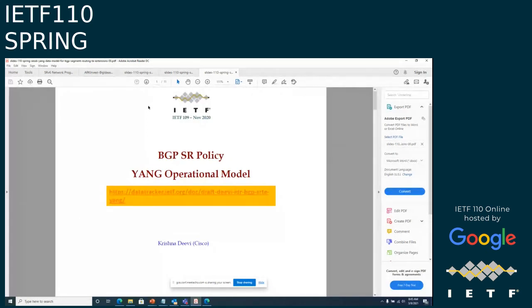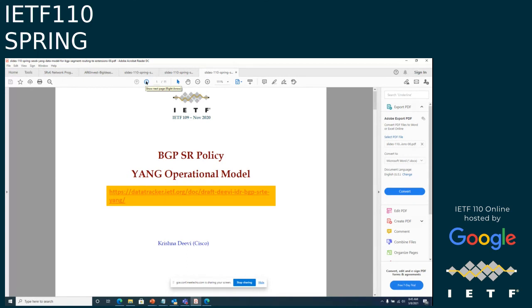So let me provide you a little bit of context. Originally we submitted the BGP-SR YANG draft many IETFs ago as a single catch-all draft that covered the BGP-SR aspect in general, BGP-SR-TE, as well as SRv6 BGP. Based on internal input and other input, we realized that we need to break this into multiple documents.